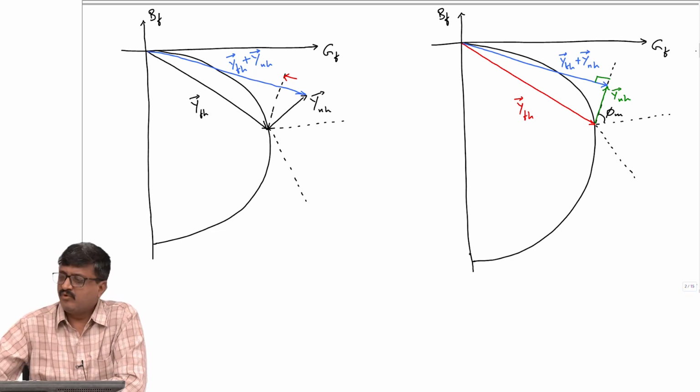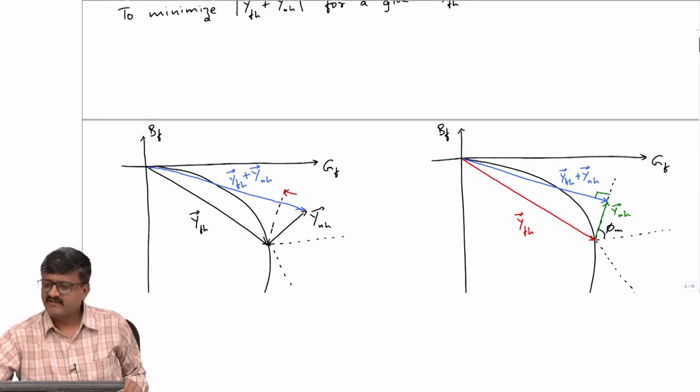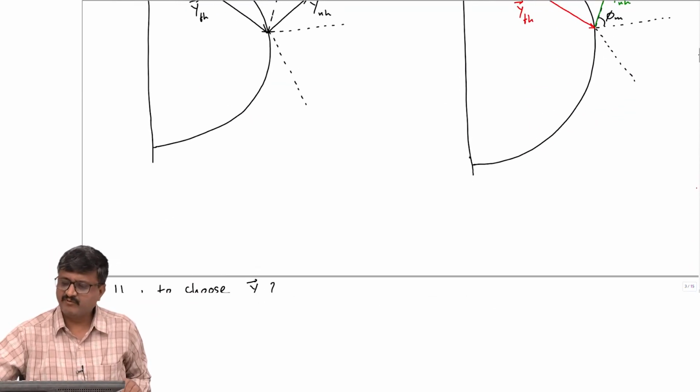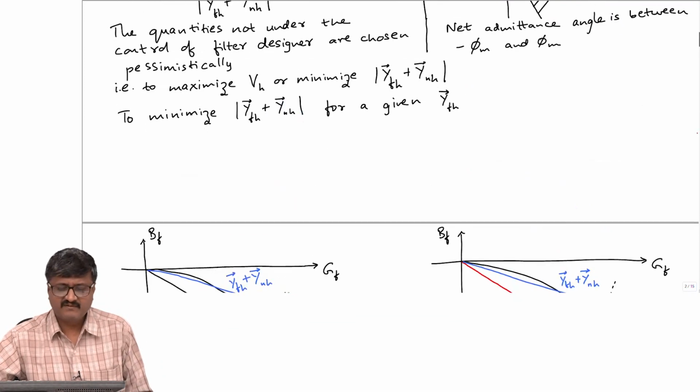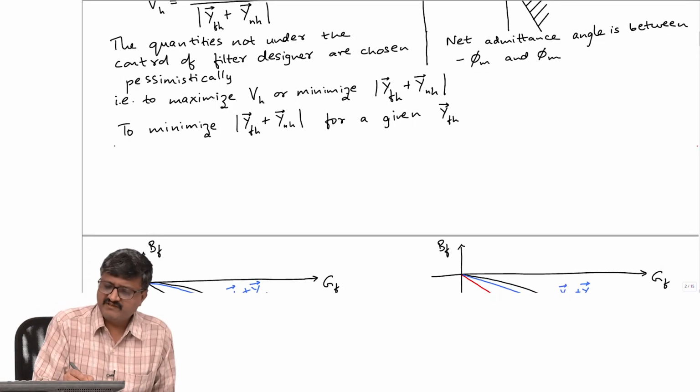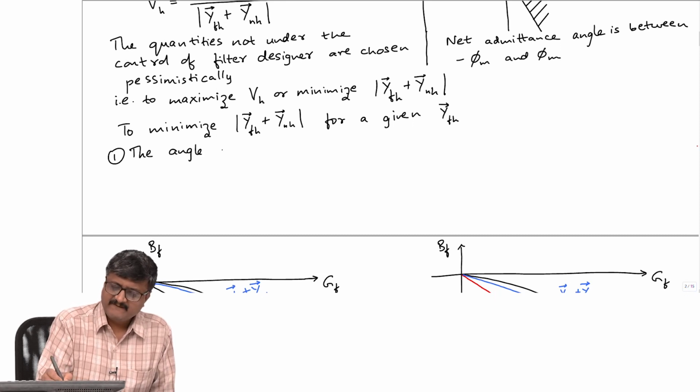See, the same rule holds as far as y n h is concerned. So, let me summarize how I have chosen y n h. To minimize y of h plus y n h for a given y of h, the angle of y n h should be phi m.